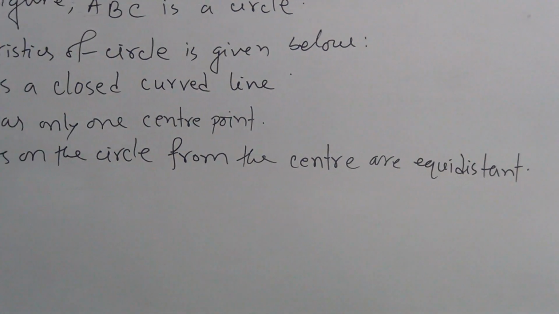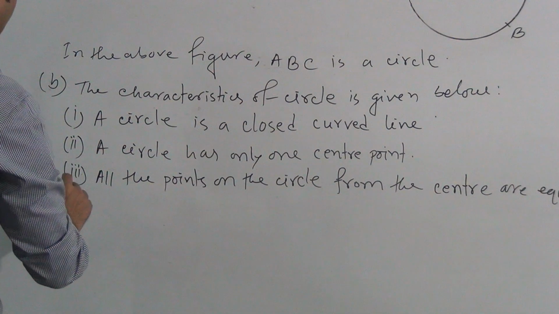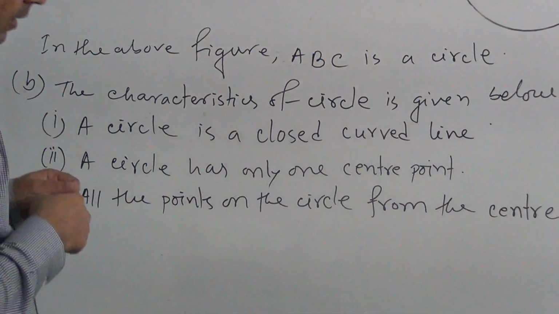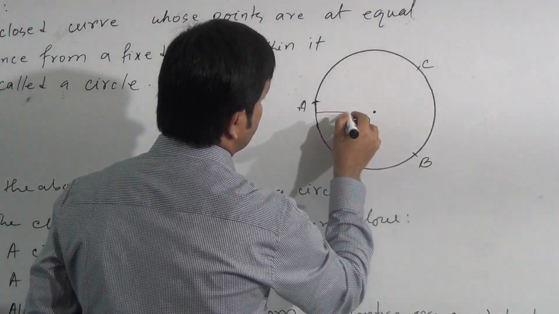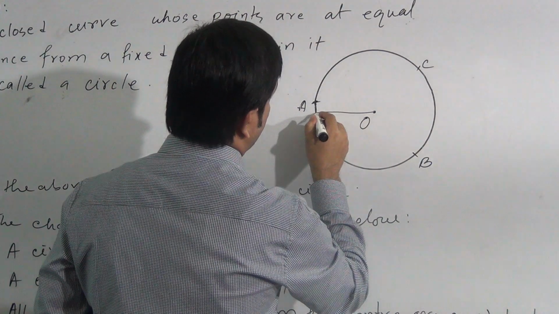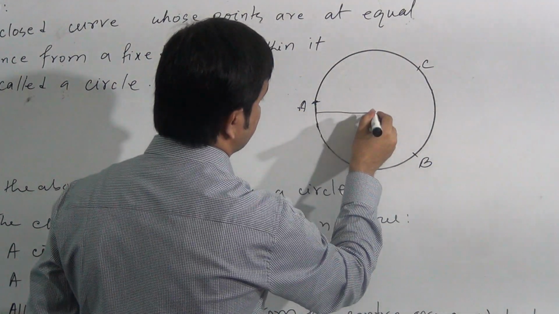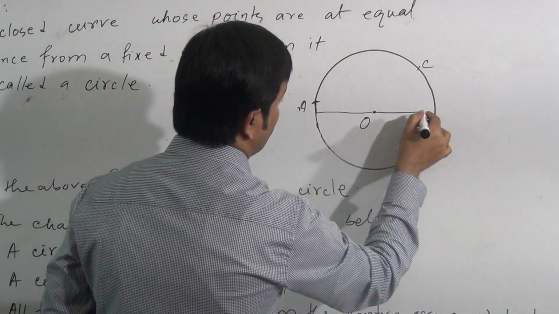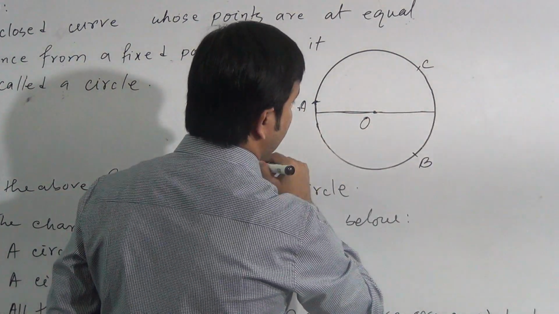Okay, dear students, I have written 3 characteristics of circle. If you want, you can write more. I'll write another one. Here, dear students, the distance of a point on the circle from the center is known as the radius. And if we take 2 radius, it means this line. This means diameter.